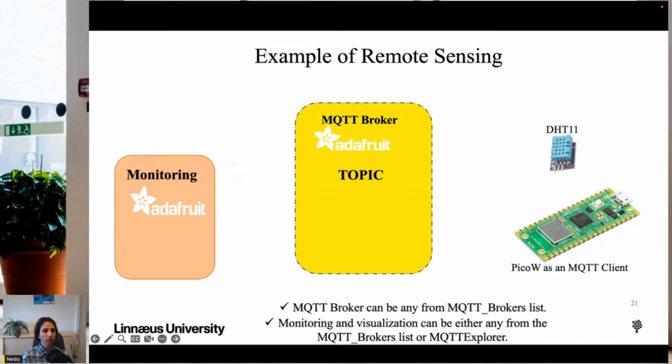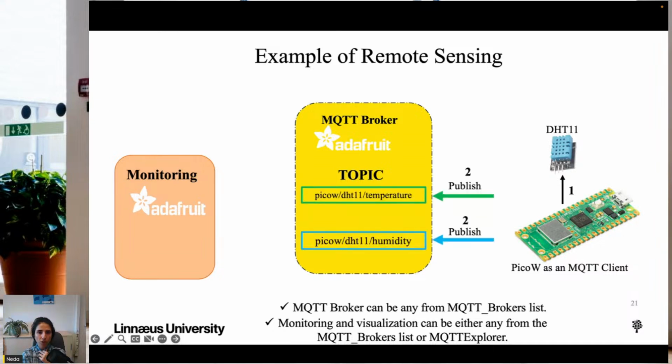An example of remote sensing. The Pico here requests temperature and humidity readings from the DHT11 sensor. Temperature readings are published in the Pico W DHT11 temperature topic, and humidity readings are published in the Pico W DHT11 humidity topic.